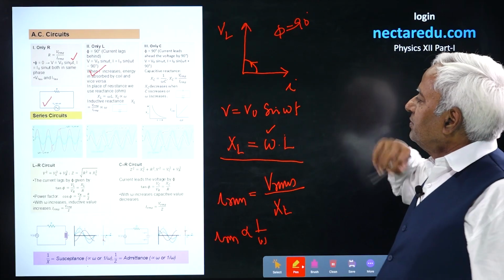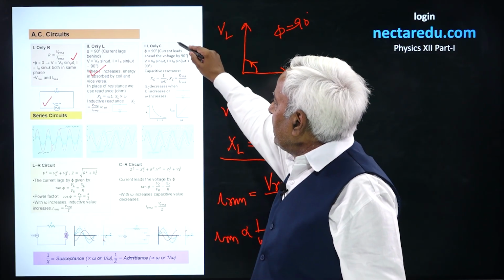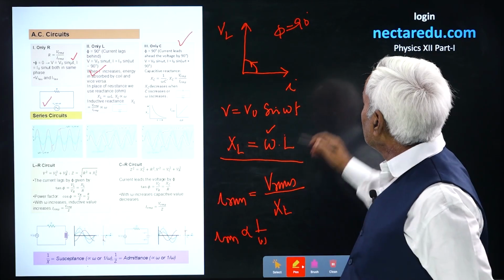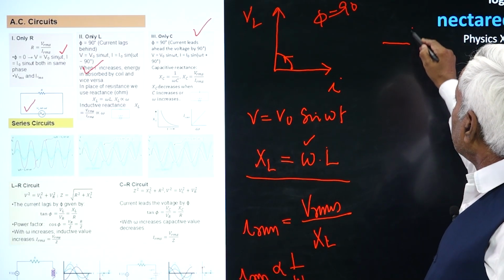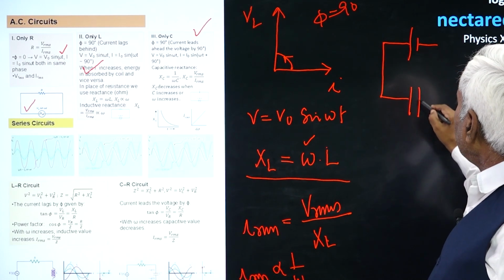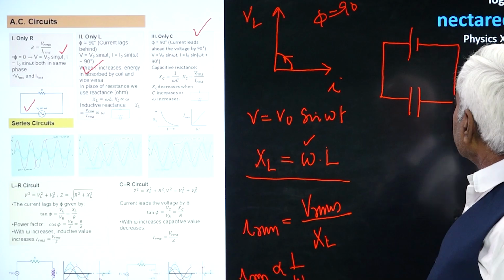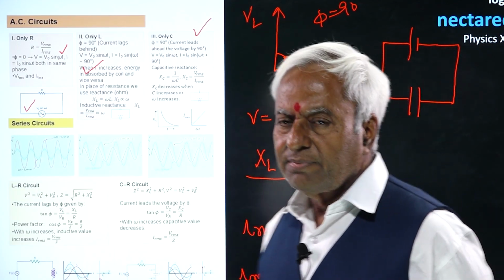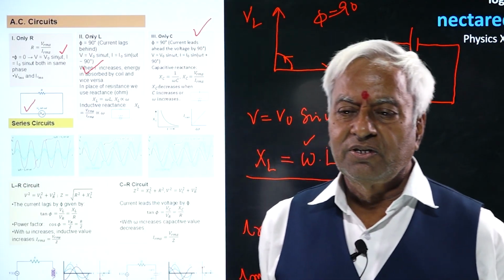Now it comes to the condenser, only a condenser in the circuit. Before we go into detail of the condenser, I would like to let you know why we say that current always leads in a condenser. Compare it with one very funny situation.